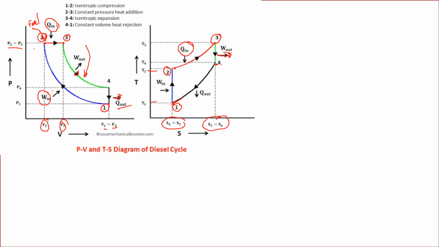Now, we want to determine the thermal efficiency. First, we have to analyze what is coming in and coming out. When we say thermal efficiency, it means the heat addition will always be a part of the solution. So we analyze the thermal efficiency using the first law, directly from the constant pressure heat addition 2 to 3.